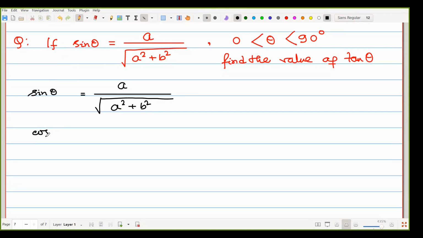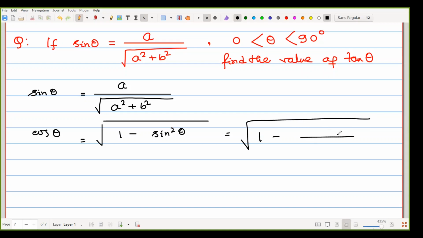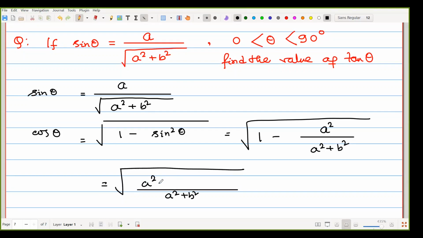So from here we can find out the value of cos theta also. That means square root of 1 minus sin square theta, or that one is 1 minus, I am calculating directly, sin square means a square divided by a square plus b square, or that one is becoming a square plus b square minus a square.